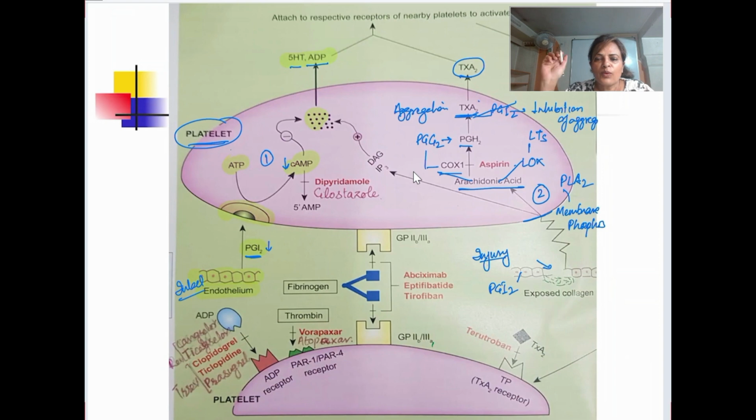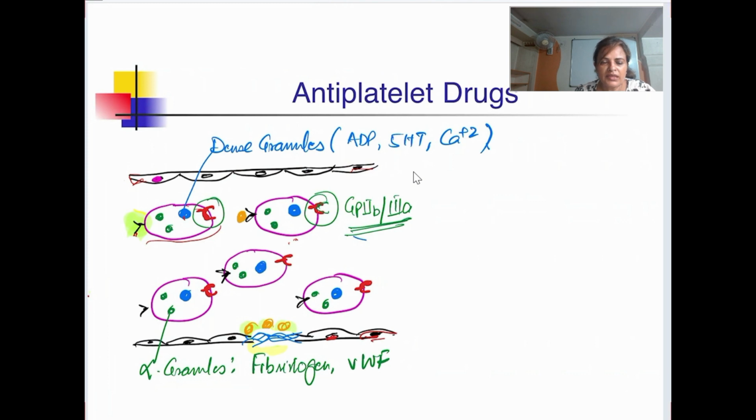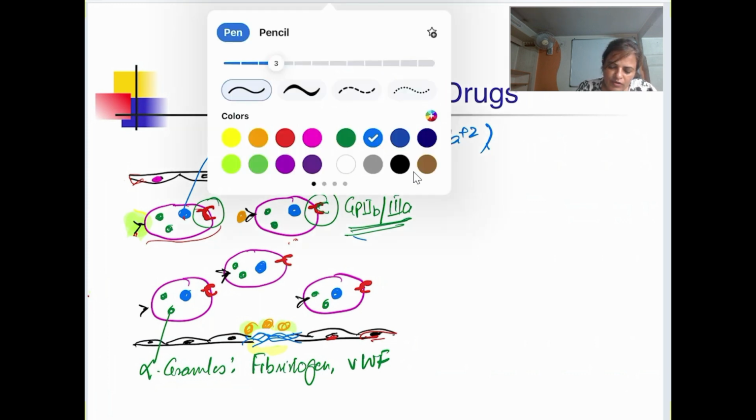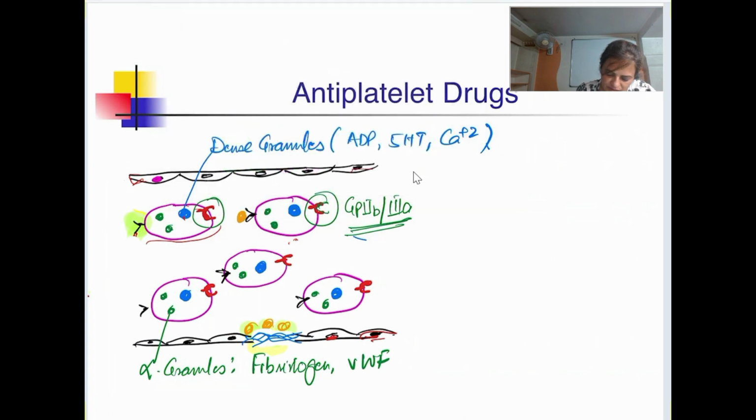Number three is what happens now. You can see here in this figure, once the endothelium is damaged, the collagen is exposed. Another factor that is also secreted by the endothelium is von Willebrand factor, VWF.